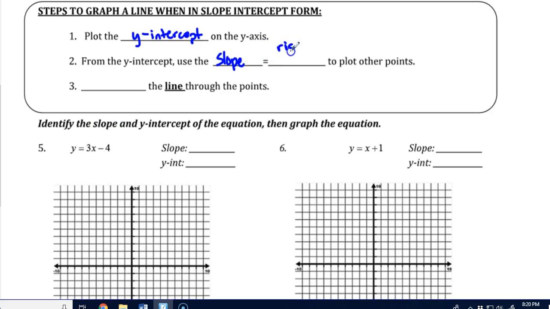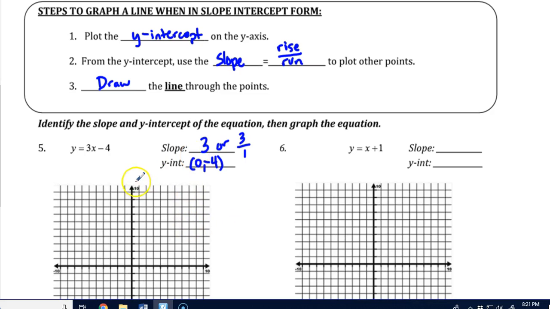Again, the slope can be thought of as rise over run. So if it's not a fraction, you can make it one, right? You can always say it's 3 or 3 over 1, right? And then our y-intercept would be -4 with an x of 0. And then we just draw the line. We draw the line to connect the various points that we're going to plot.